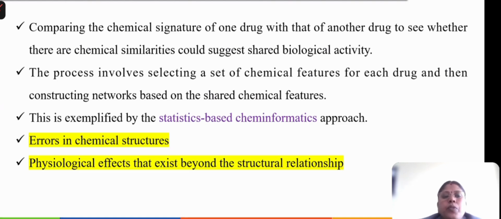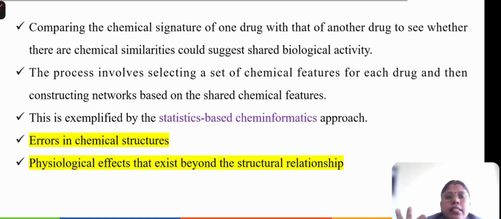The process involves selecting a set of chemical features for each drug and then constructing networks based on the shared chemical features. For example, if we have this particular ring feature, this many hydrogen bond acceptors or these many hydrogen bond donors, these are all the shared chemical features. This is exemplified by the statistics-based cheminformatics approach.